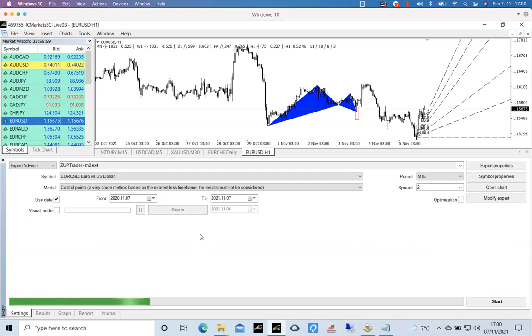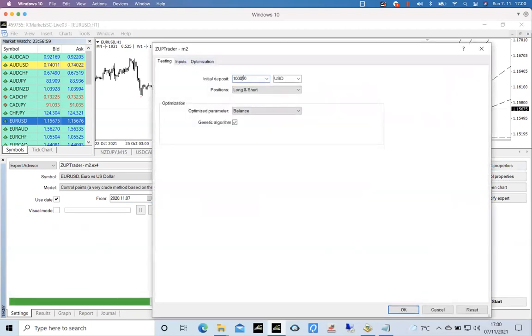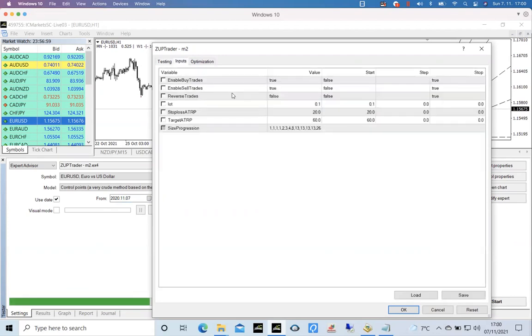You know what in sample and out of sample are? Yeah, I think so. Yeah, in sample is because here in the indicator we will choose $10,000, and we will choose the inputs. Now, what I will be sharing with you today, the most important part, is the size progression. Okay.